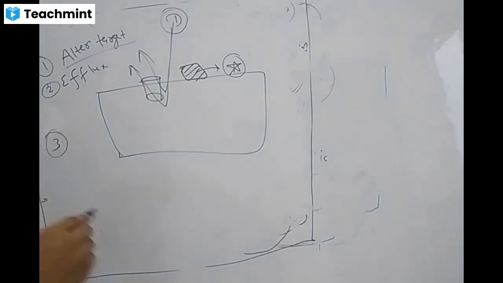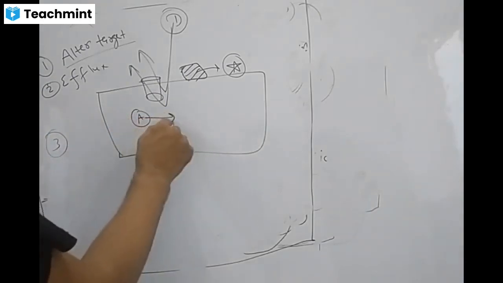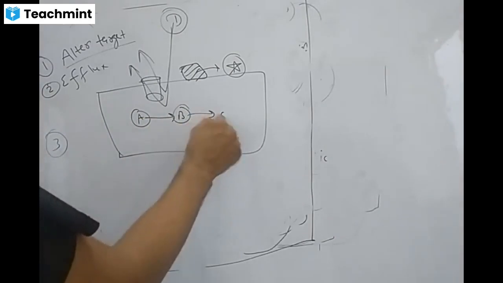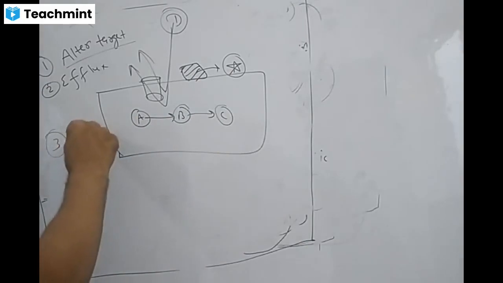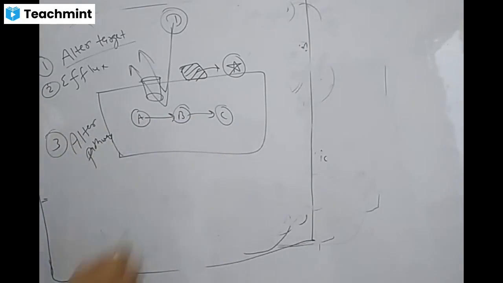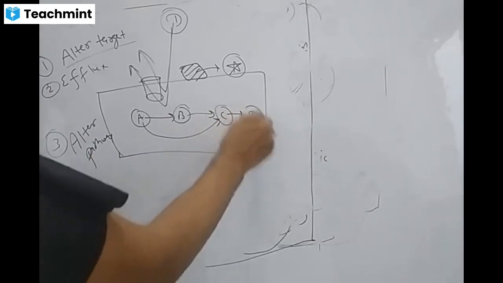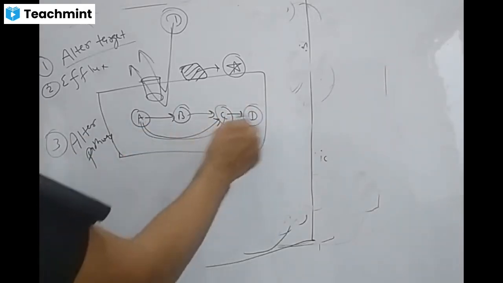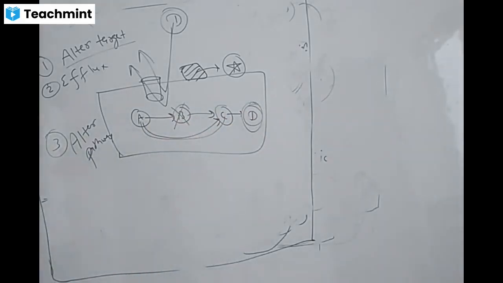Third mechanism: suppose there is one pathway A to B to C. They alter the pathway. It means from A they start forming the compound D directly, A to C then D. They do not use B. The best example of an alternate pathway is resistance to sulfonamide.